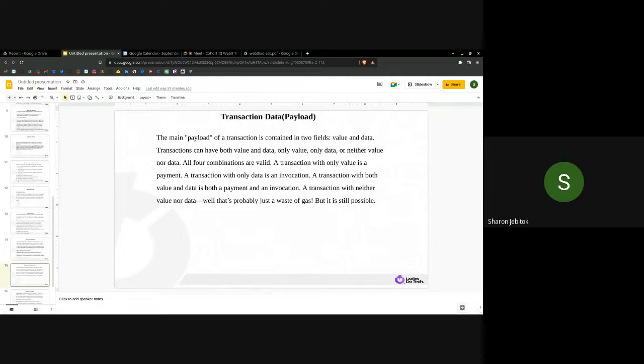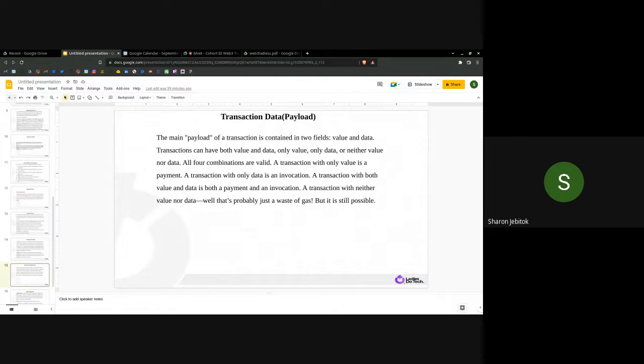When it's optional, it means that if you don't have the value and the data, the field might be missing from the fields of a transaction.